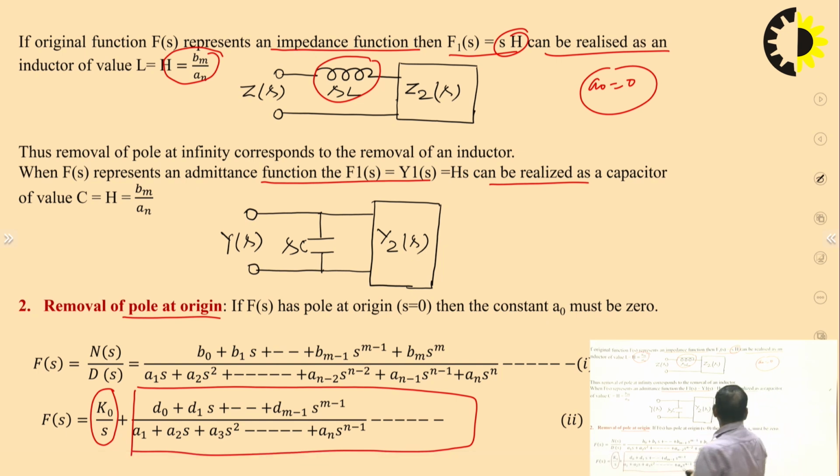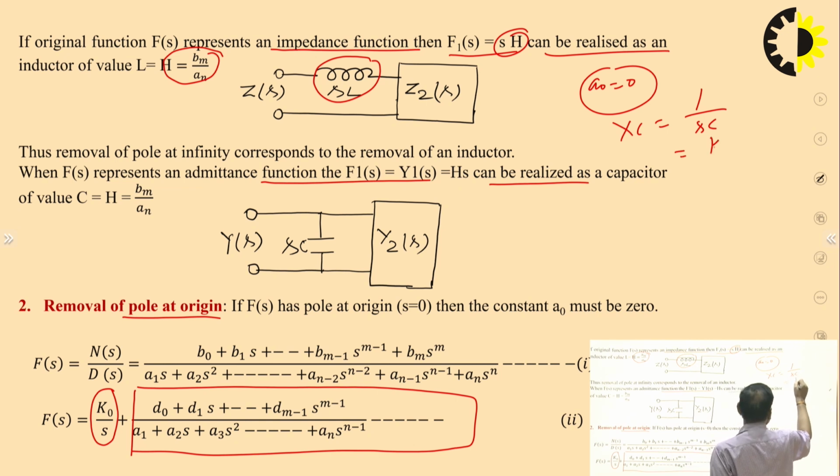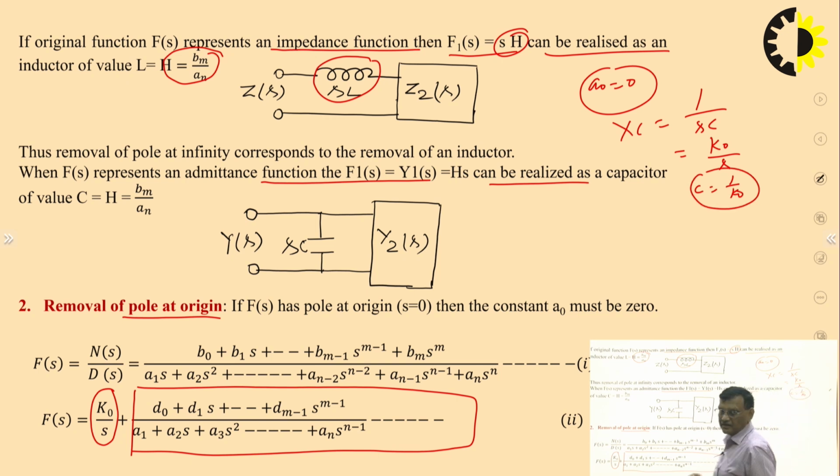Basically, if it is K0 by S, it means C is equal to 1 by K0. This is a simple way we can get the value of capacitance, which is 1 by K0.